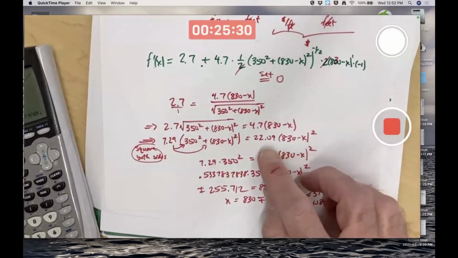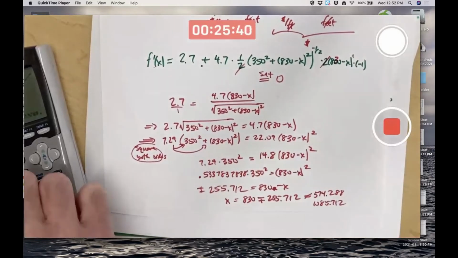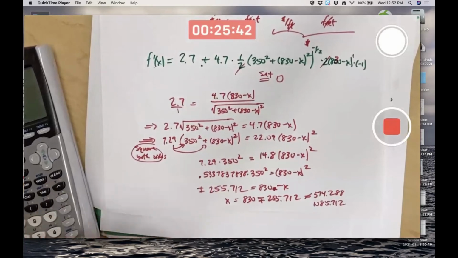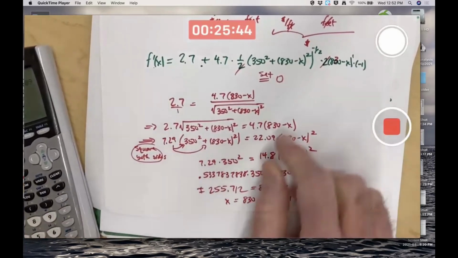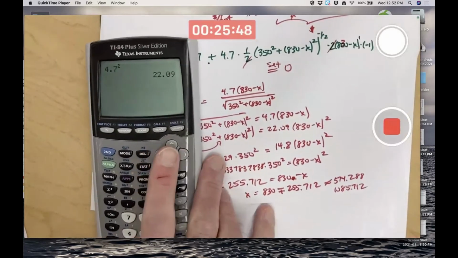Are you talking about right here? I squared the 4.7. Is that what you're referring to? 4.7 squared is 22.09. Evidently, there's a mistake somewhere.